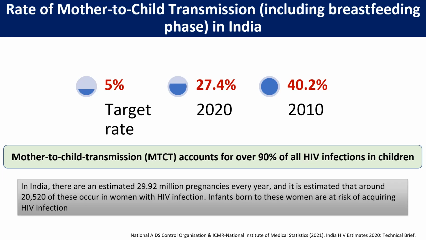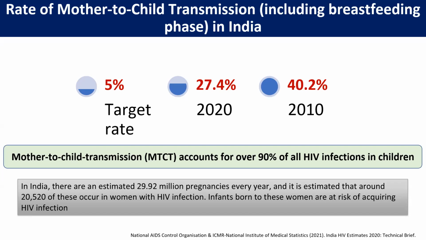We all know this is achievable, because in children, more than 90% of HIV infection happens through mother-to-child transmission. So we know the source of transmission, and if we can address that source, definitely we can reduce the transmission. In India, we have an estimated 30 million pregnancies every year, and around 20,000 of these pregnancies happen in women with HIV infection.